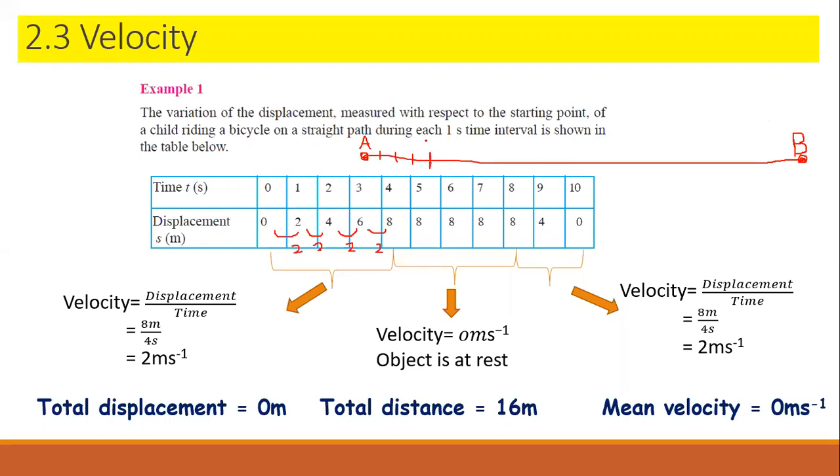But when he comes to this 8 meter displacement, at that displacement, he has stopped. We can identify that from this table. In the 5th second, displacement is 8. In the 6th second, displacement is again 8. In the 7th second, it's again 8. Again at the 8th second, it is again 8.